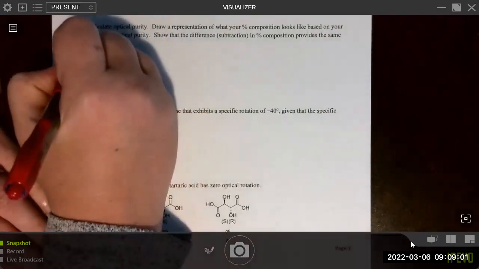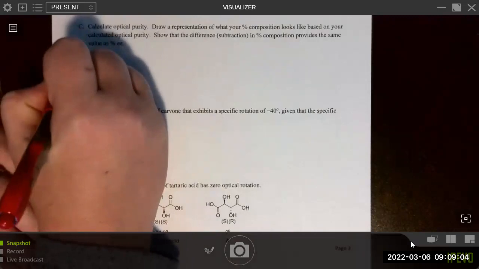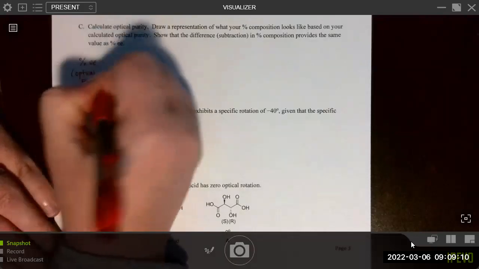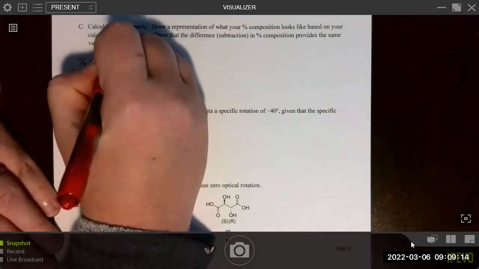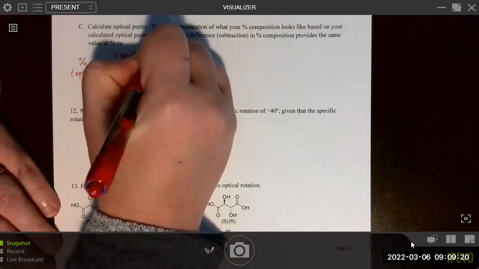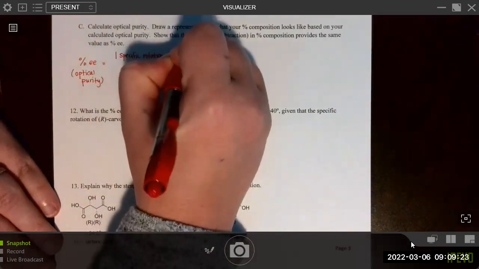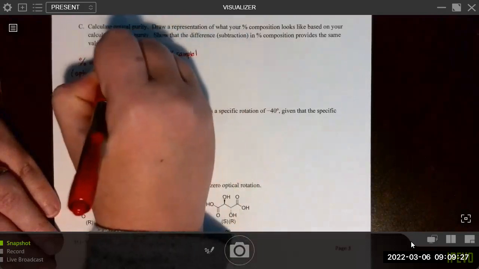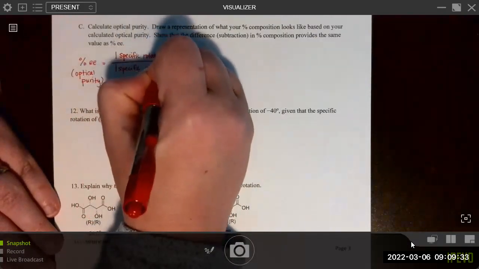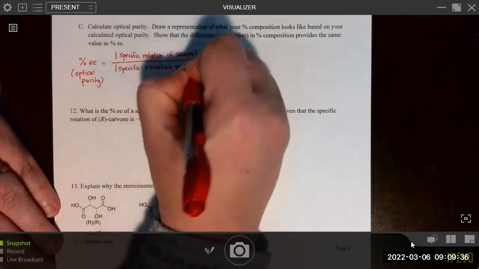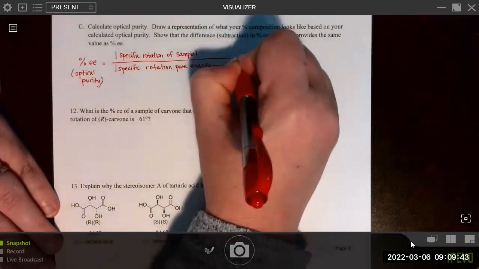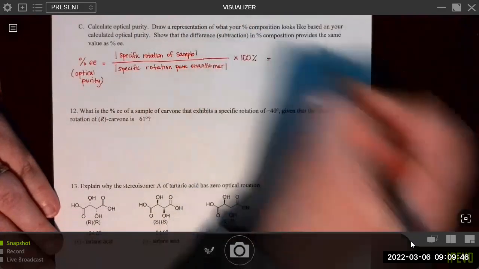So that equation was percent EE, or also known as optical purity, is equal to the absolute value of the specific rotation of the sample mixture divided by the absolute value of the specific rotation of the pure enantiomer, times 100 equals, right?